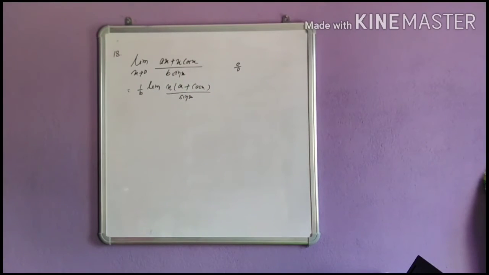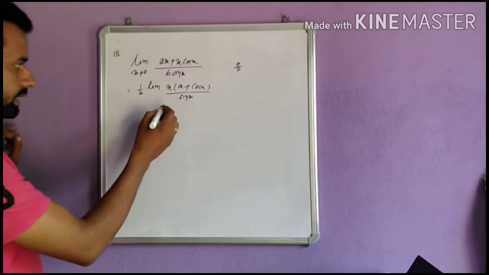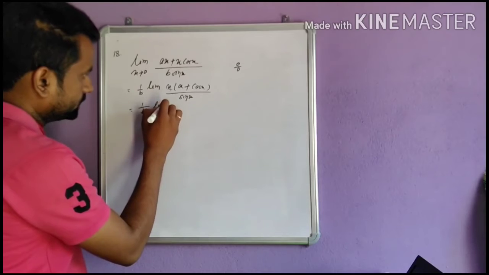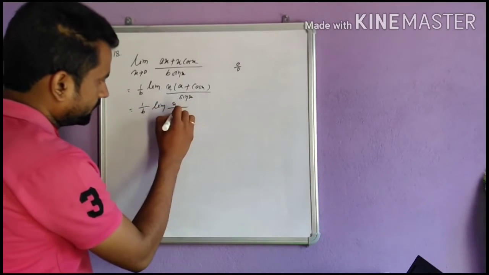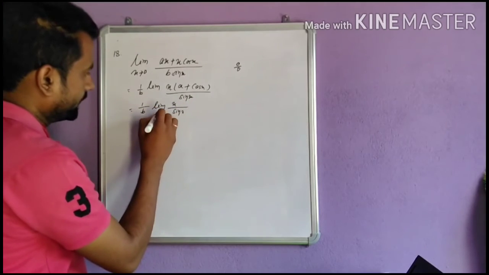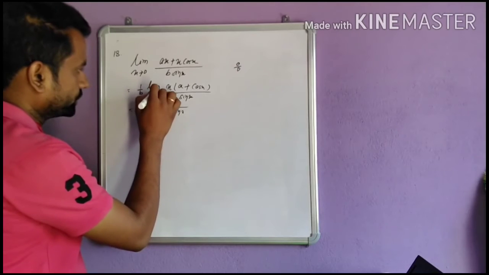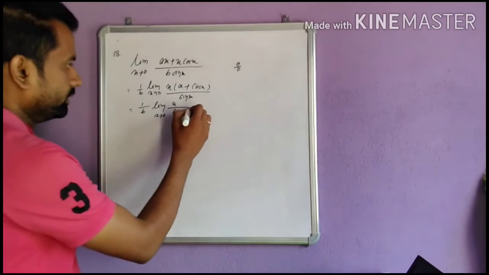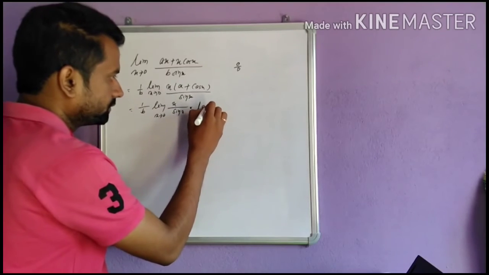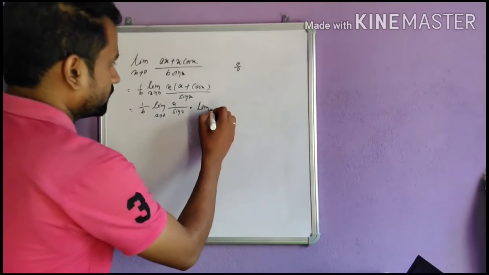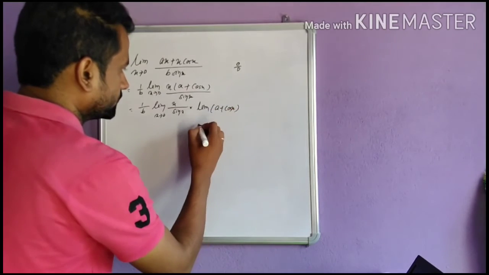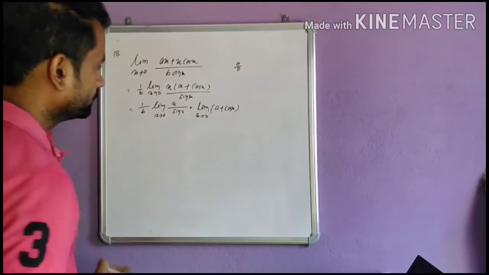Again you can write it in the simplest form as limit x by sin x as x tends to 0, and limit a plus cos x as x tends to 0.